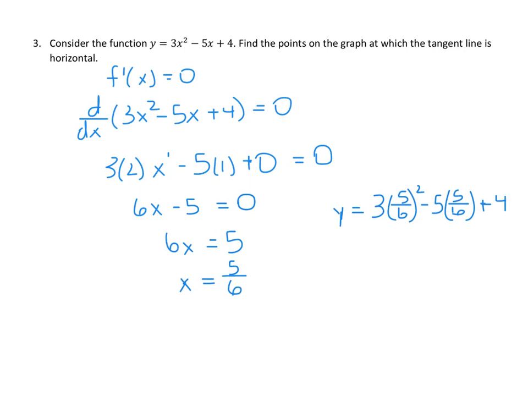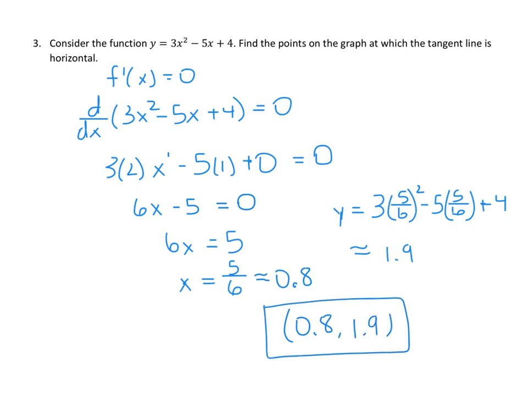If we simplify that, we get approximately 1.9 rounded to 1 decimal place. Now if we round our x value to 1 decimal place, 5 over 6 is approximately 0.8. So the point at which the tangent line is horizontal is the point (0.8, 1.9), rounding both x and y to 1 decimal place.